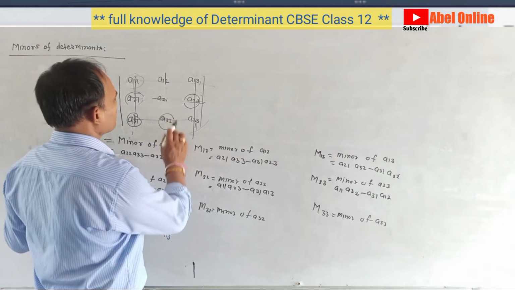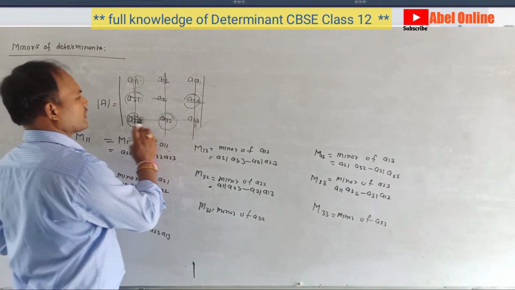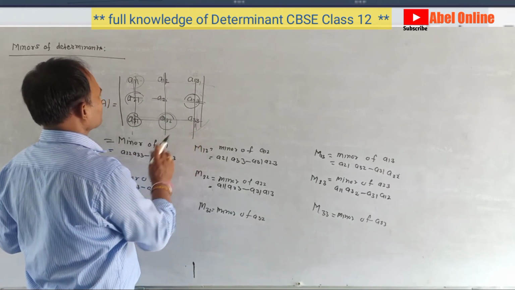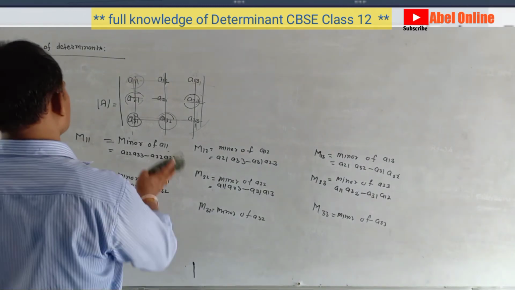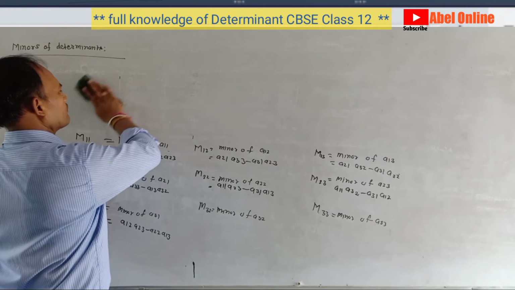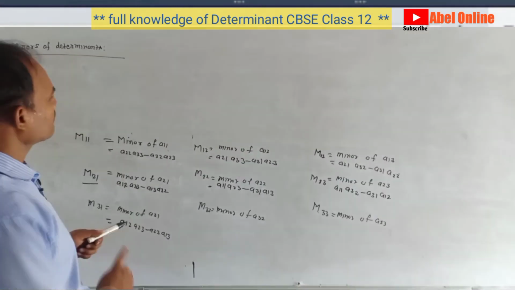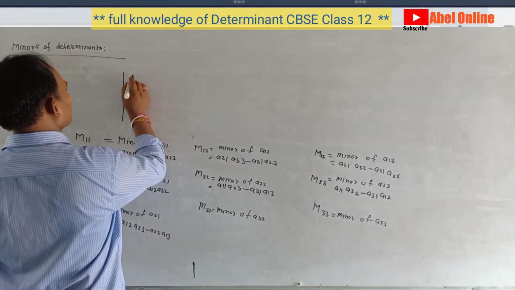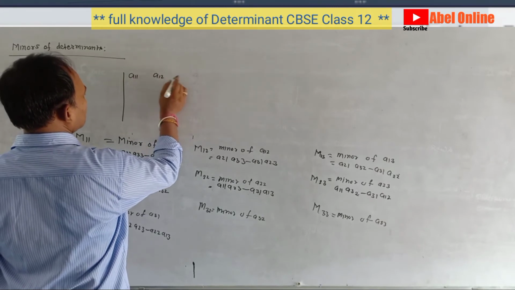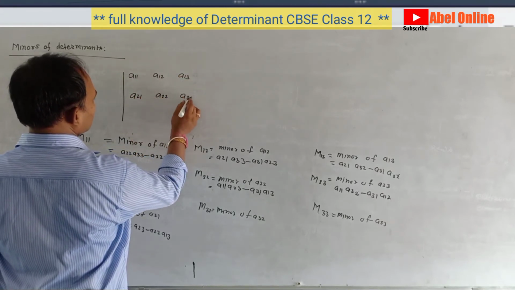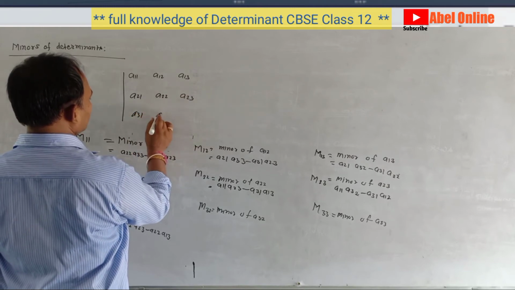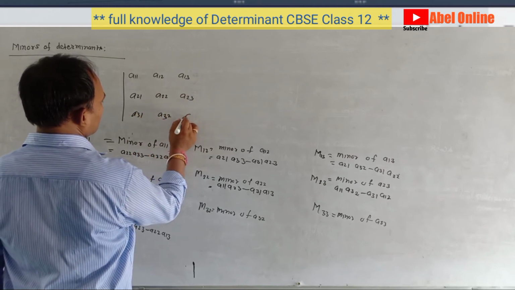What about the next one? A lot of arrows are there, so we write again: A11, A12, A13, A21, A22, A23, A31, A32, A33.